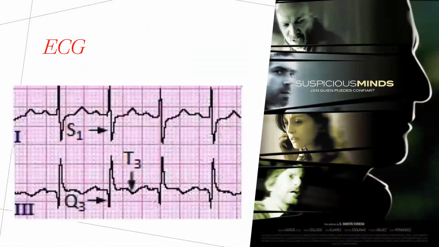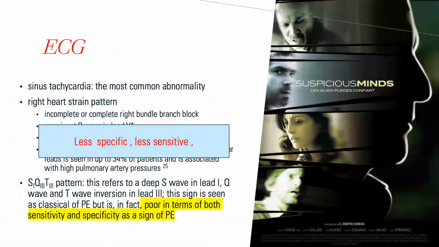ECG also can help, but again, it is neither specific nor sensitive for pulmonary embolism. The most commonly cited is S1, Q3, T3, but it is not sensitive and not specific. Maybe signs of RV strain like incomplete heart block or depression of the T wave in the precordial right leads.